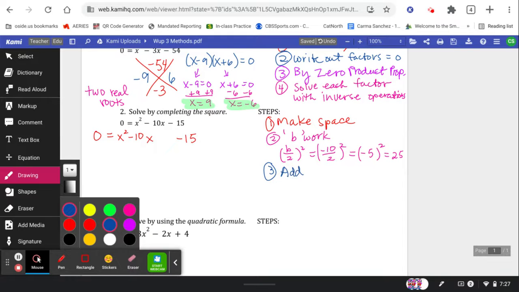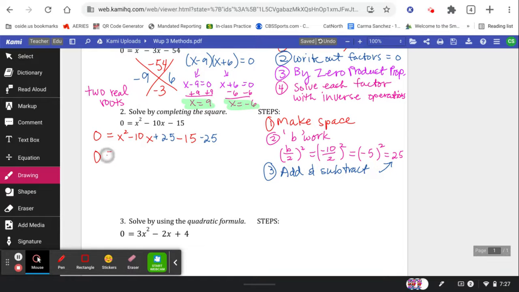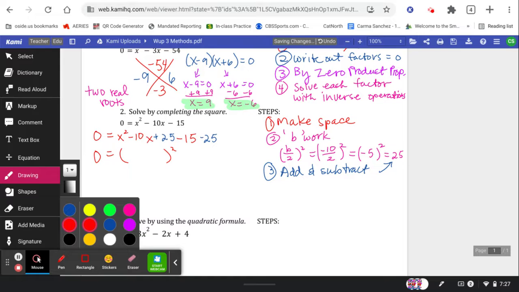So we're going to go over here, and we're going to add and subtract that B work. Okay? The whole reason we do that is to get the perfect square factors.